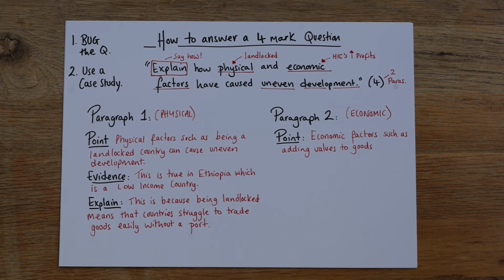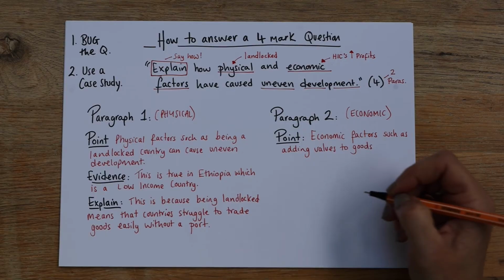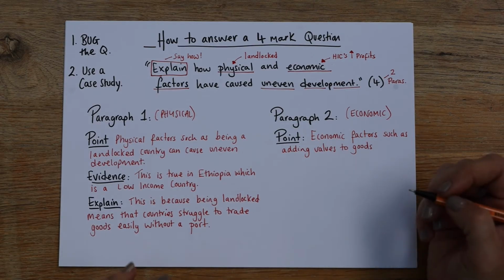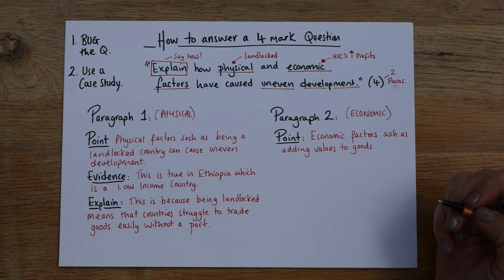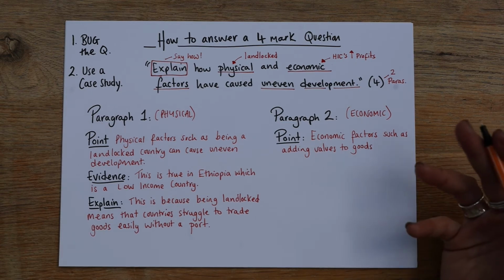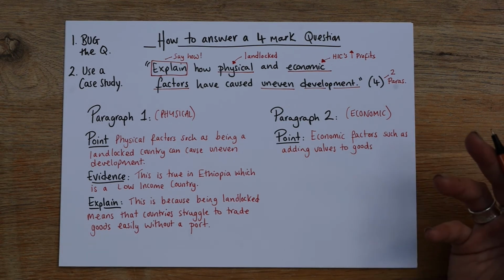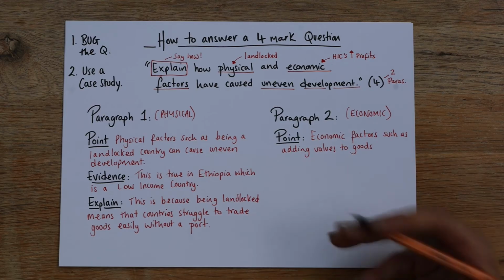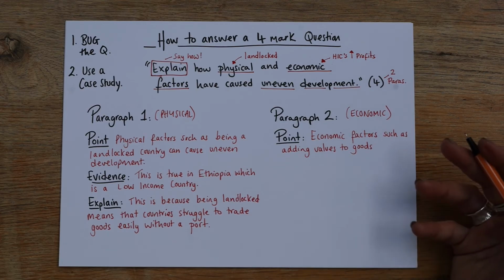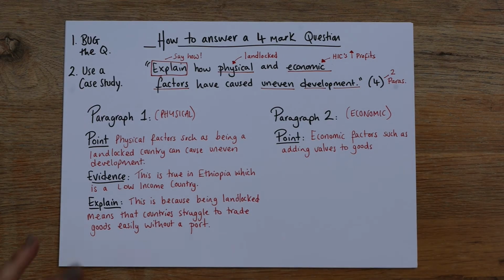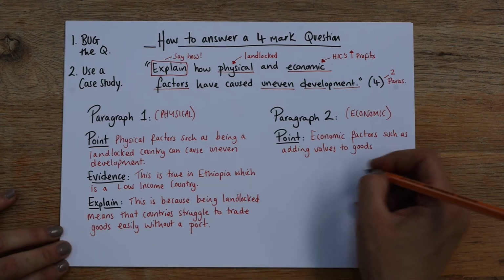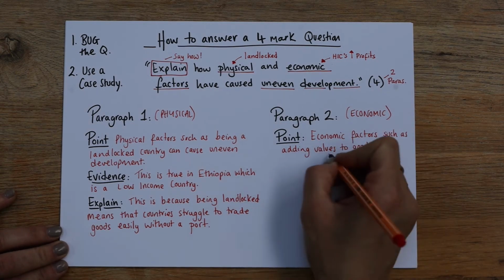Basically, think about chocolate. Okay, chocolate comes from cocoa. Cocoa is made in low-income countries. They farm it, they grow it, they export it. Okay, we then package it and put the price up by like 500%. Okay, so we're adding value where they are not able to, and that's because we have the infrastructure in order to do that and the wealth. Okay, so economic factors such as adding value to goods.